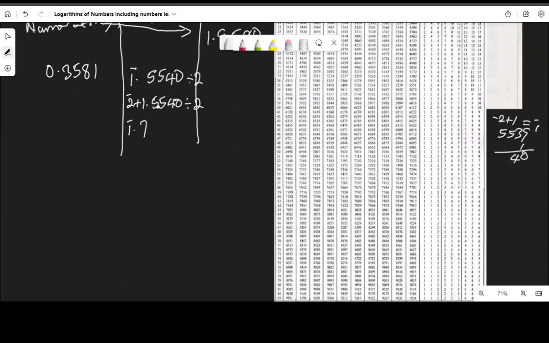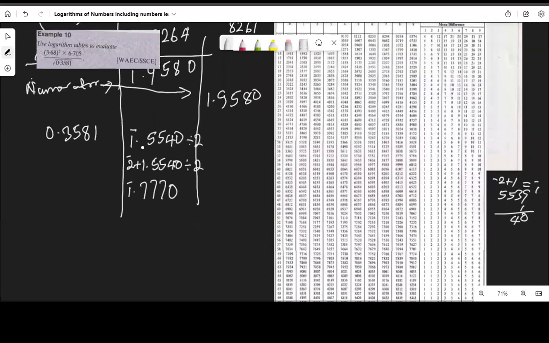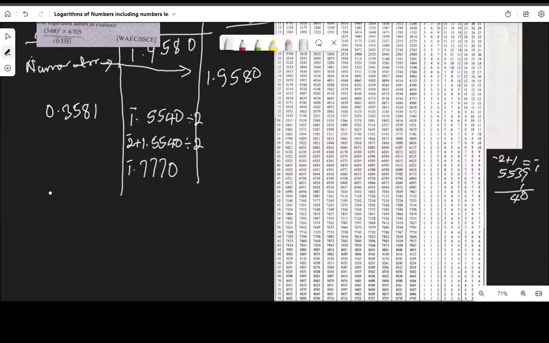That 1 that remains, place it in front of this 5 again, that is 15 again. Divided by 2, 7, remainder 1. Place this again, that is 7 again. Remainder 0 rather. 0 divided by 2 is 0. So our answer there is about 1.7770, which is the denominator.